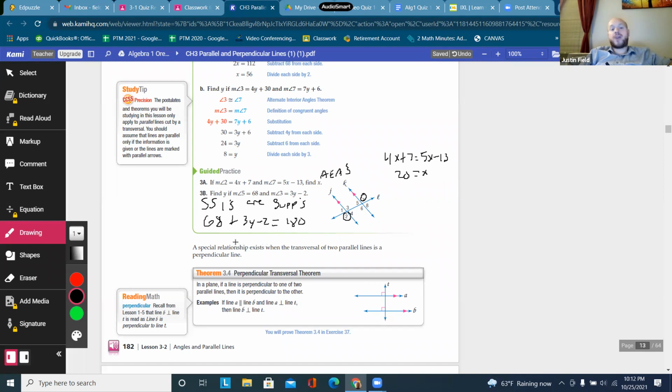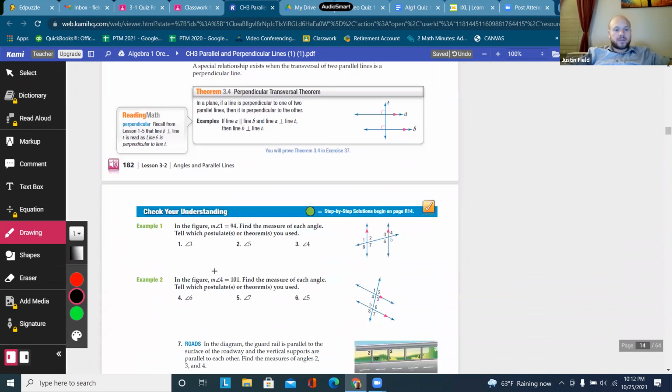And we would solve that, which would be 66 minus 3y equals 180, and then solve that from there. Hey, I am going to go ahead and keep going with my notes. This is going to give you the green sections for 3-2 and 3-3.